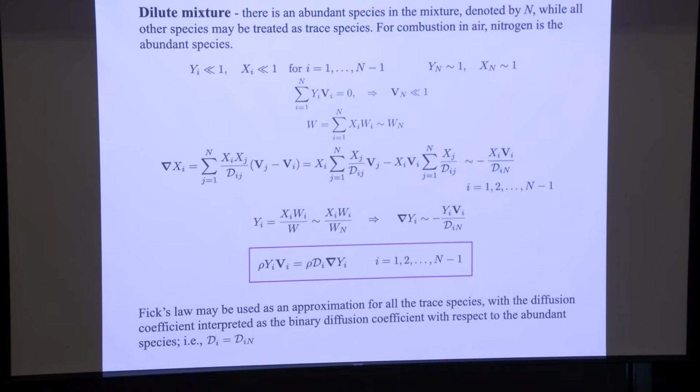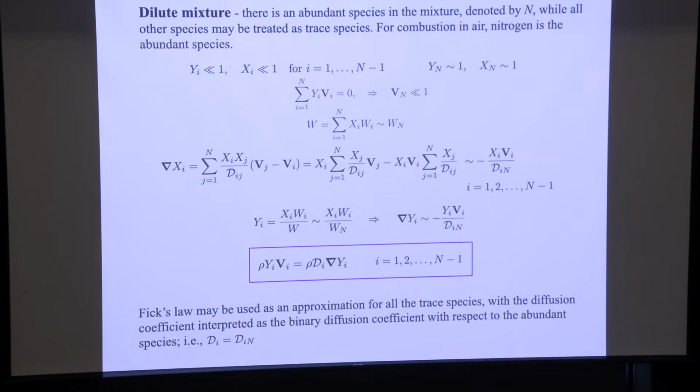I can plug this into the species equation, which I will do in a minute, and get a simple relation for that. And remember again, the D_i, even though I didn't write the capital N here, is meant to be D_iN, namely the diffusion of species i into the bulk.